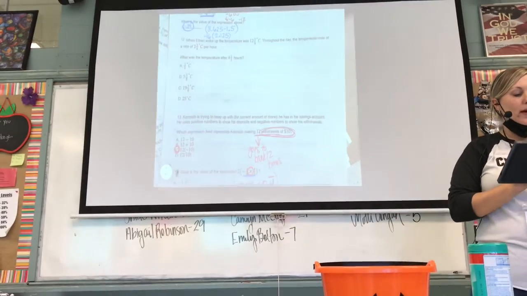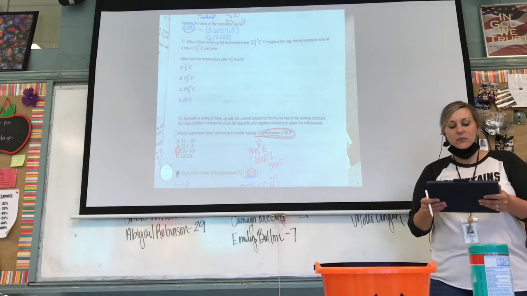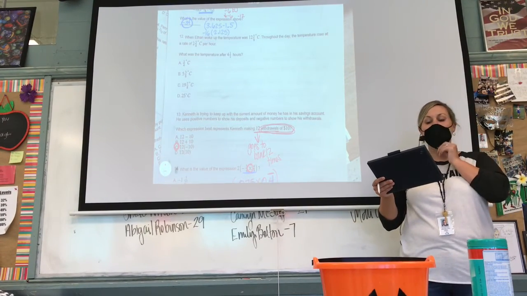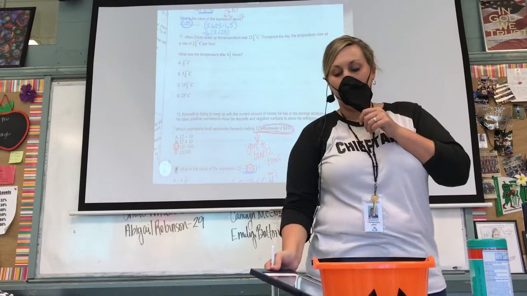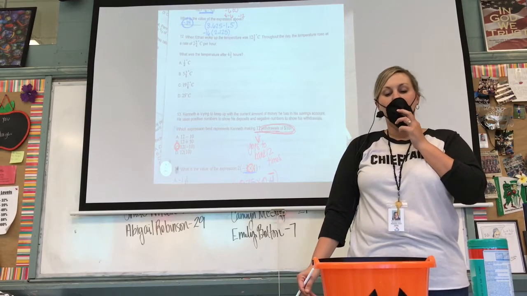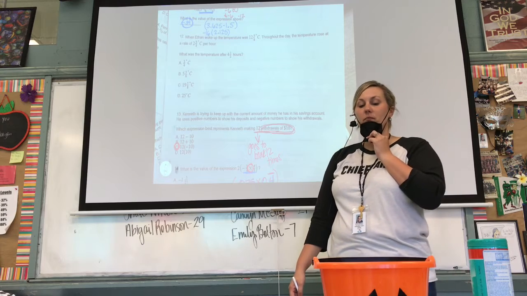All right, number 12. Number 12 says, when Ethan woke up, the temperature was 12. I'm going to read this without the fractions because it makes it easier for me. When Ethan woke up, the temperature was 12 degrees. Throughout the day, the temperature rose at a rate of 2 degrees every hour. So what was the temperature when he woke up? 12.